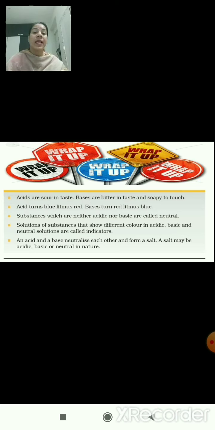An acid and a base neutralize each other and form salt and water. A salt may be either acidic or basic, or it may also be neutral in nature. You also studied neutralization reaction with some examples in the form of reactions, and then you also studied some examples of neutralization reaction that occur in our day-to-day life.